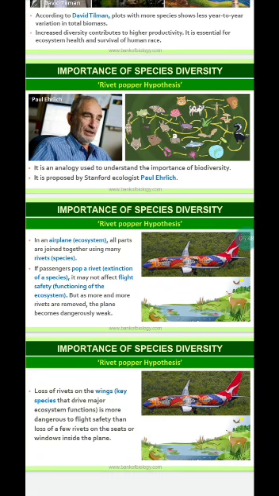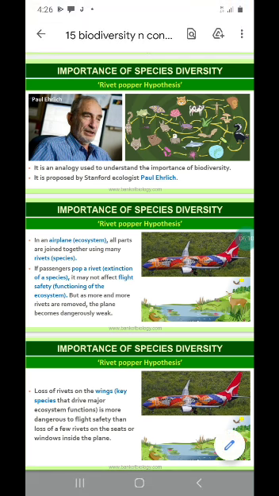Suppose you consider the ecosystem to be an aeroplane, and the aeroplane is made up of small to big parts. Yes or no? Small nuts and bolts to very big parts, connected together. These nuts and bolts and these parts represent the species of the ecosystem.